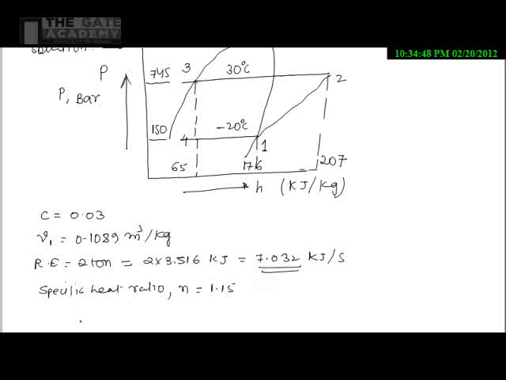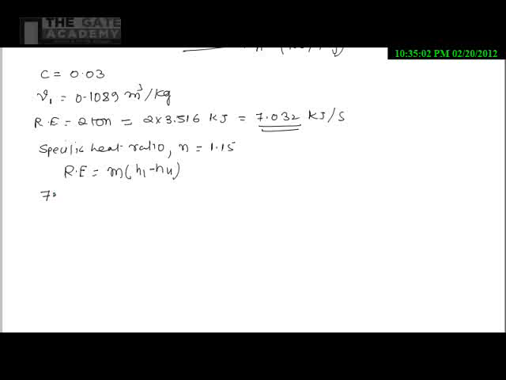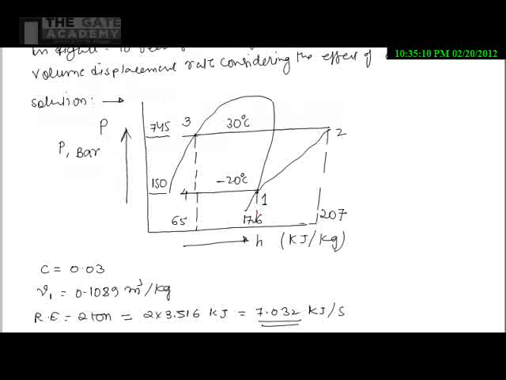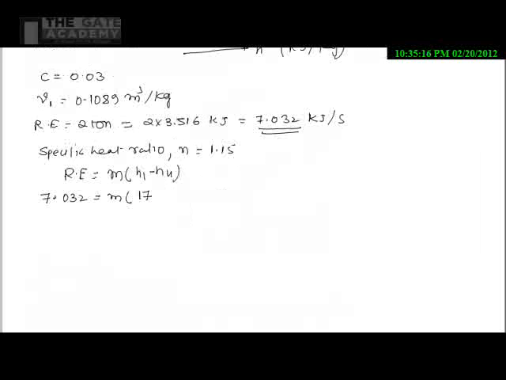Now the refrigerating effect is nothing but M into H1 minus H4. So 7.032 equals M into, here H1, if you see here, is 176 and H4 is 65. So I can write 176 minus 65. By this way I will get the value of M, that is 0.063 kilogram per second.